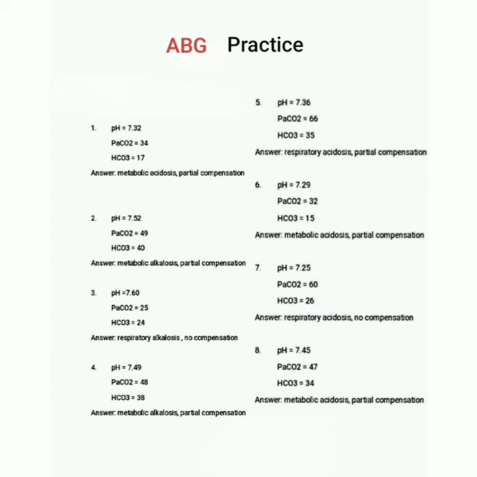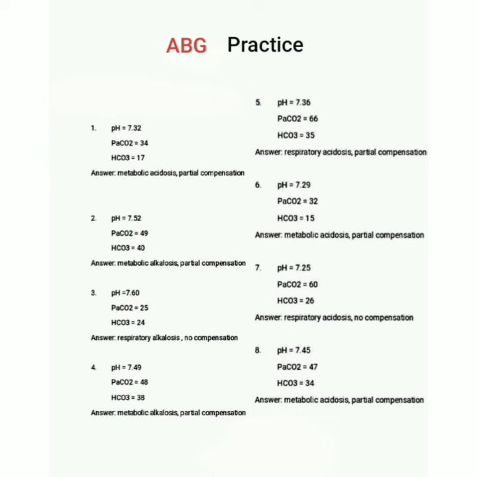RO, respiratory opposite. pH level is increased, partial pressure of carbon dioxide is decreased. So there is a respiratory condition, respiratory alkalosis. The normal level is 7.35 to 7.45. As 7.6 is much higher than 7.45, no compensation occurs. So the answer is respiratory alkalosis, no compensation.